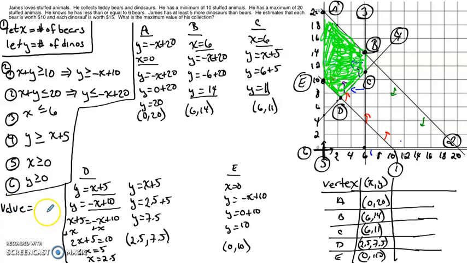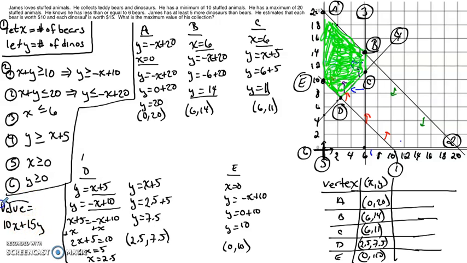And how do we determine the value? Well, the bears are worth $10. So if we multiply $10 by the number of bears, which is x, so value equals 10 times x plus 15 times the number of dinosaurs, so 15 times y, we'll get the value of the collection.